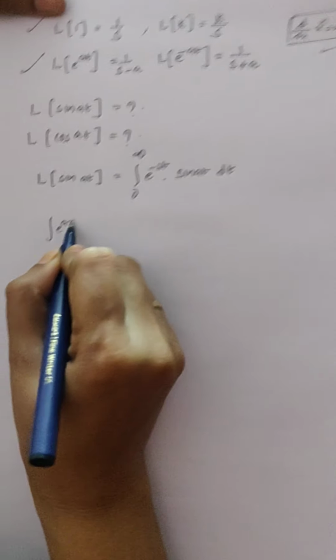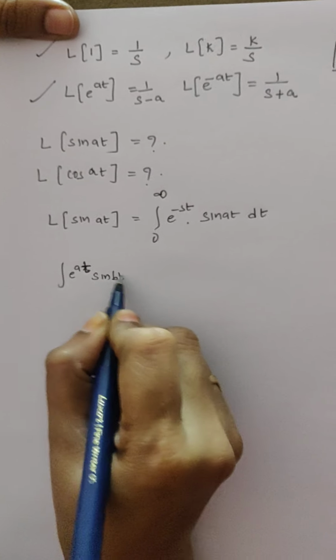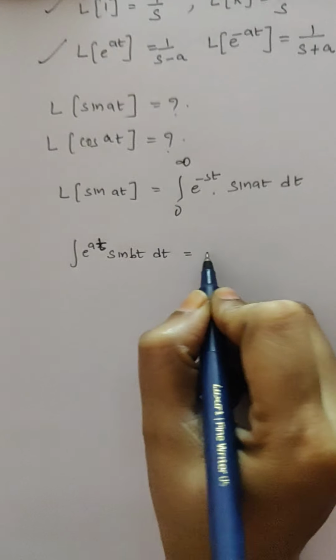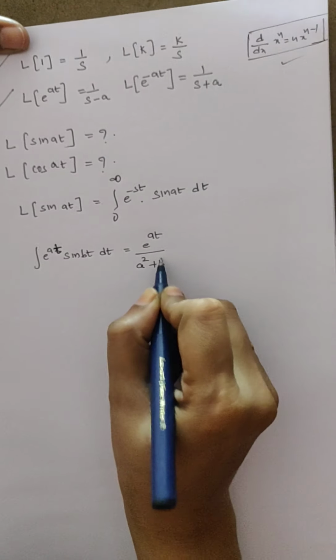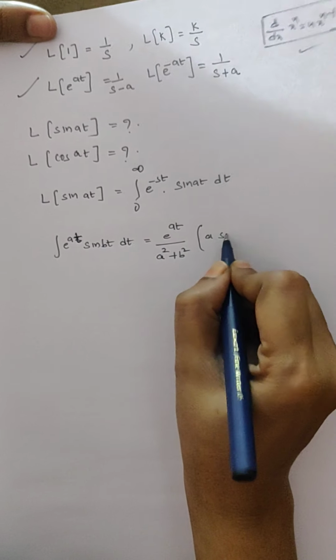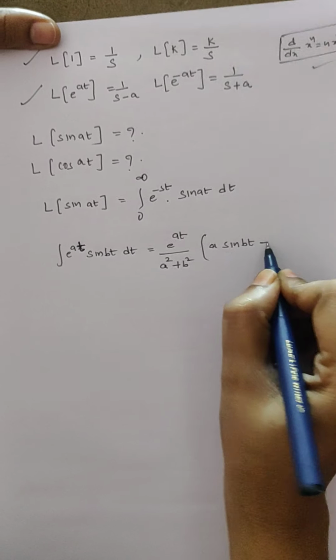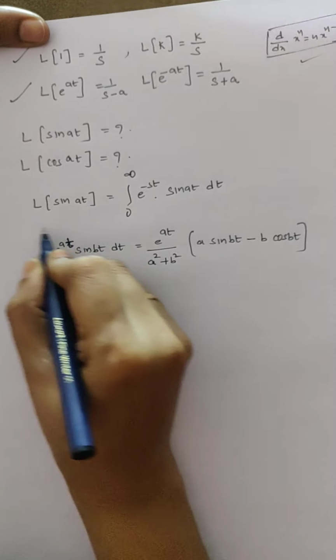Integral e power at sin bt dt equal to e power at by a square plus b square, a sin bt minus b cos bt. Integral formula.